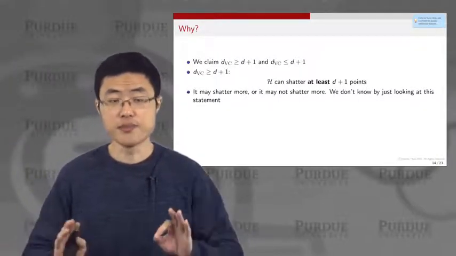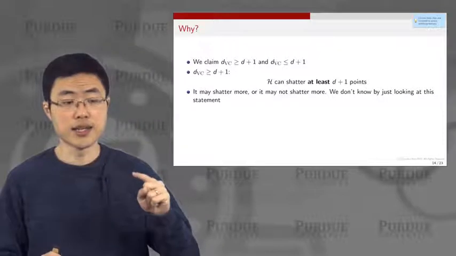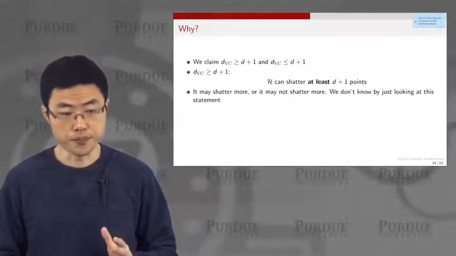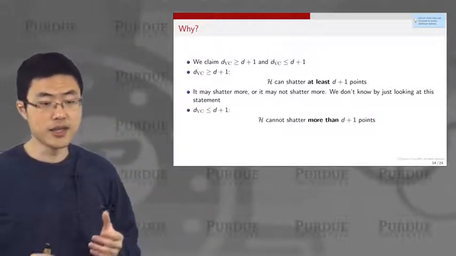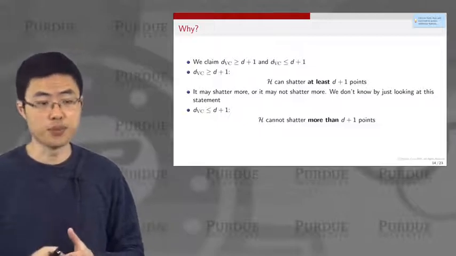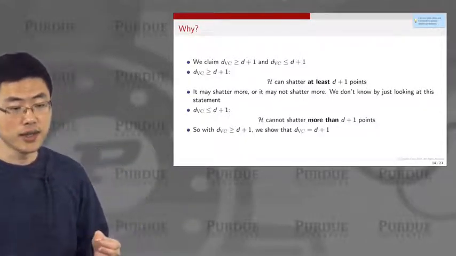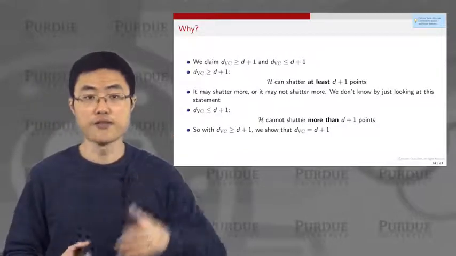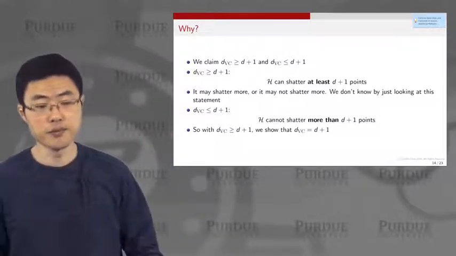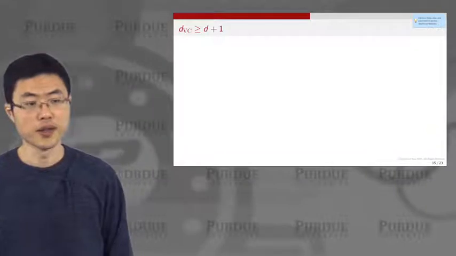I don't care. In this statement, I just need to show that it can shatter at least d plus 1. The other side says that H cannot shatter more than d plus 1 data points. If I can show that, then since I also have the first inequality, I can claim that it has to be d plus 1.